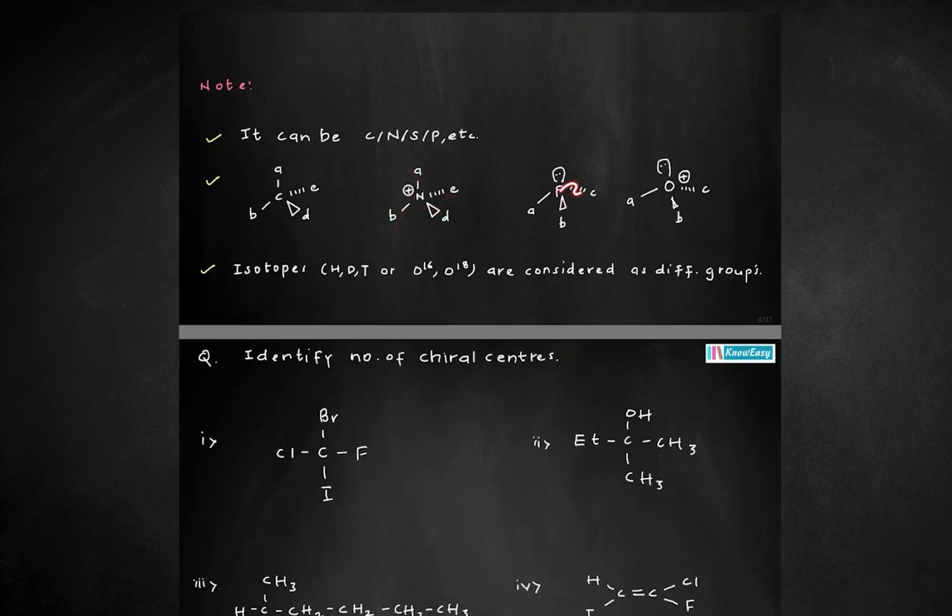If it is phosphorus, 1 is the lone pair, then 3 groups should be attached. If it is oxygen, 3 groups plus 1 lone pair. Clear? So these are the different systems in which you have to check whether the atom is chiral or not. If the attached valencies are isotopes, then you will consider them as different groups. So this is very important.